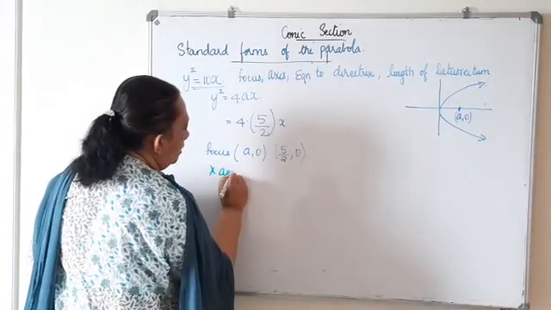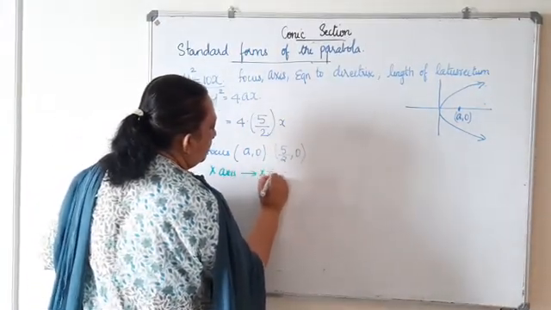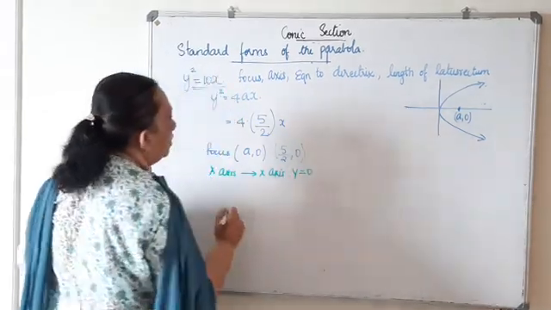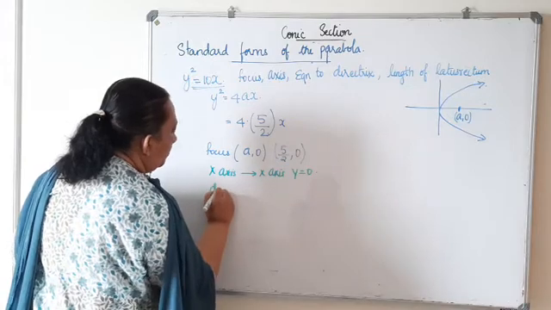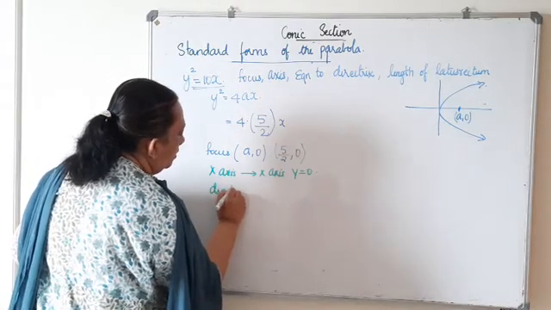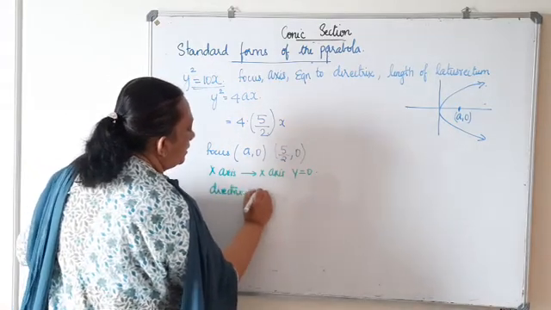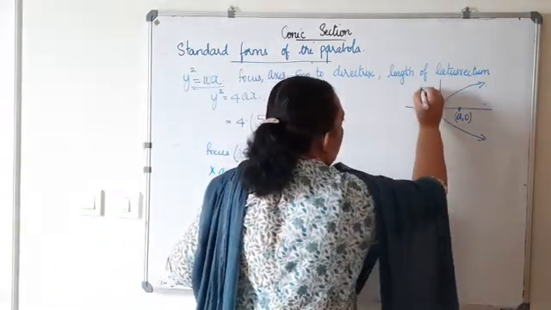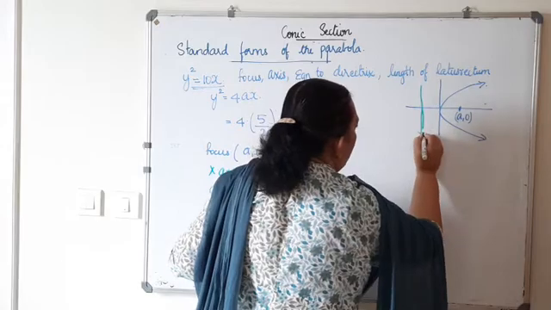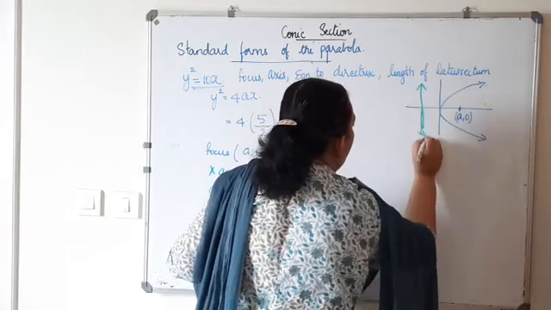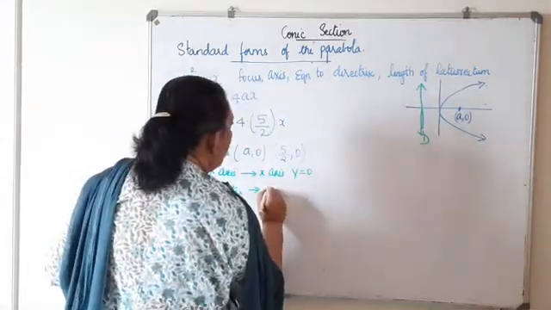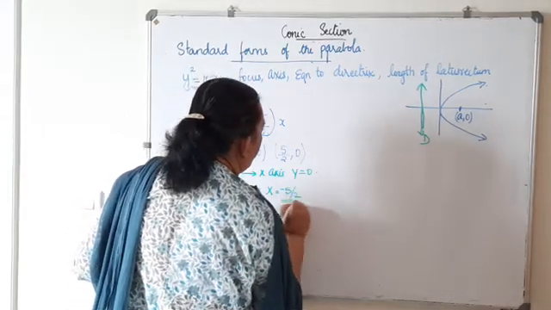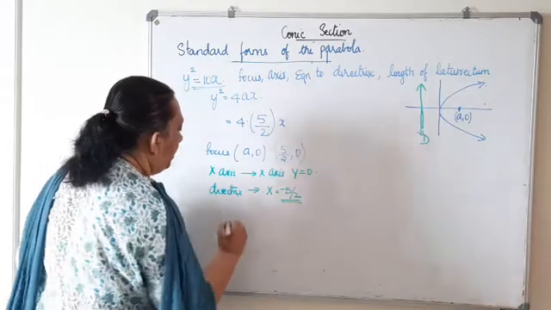The axis is the x-axis, which means y is equal to 0. Directrix is x is equal to minus 5 by 2.